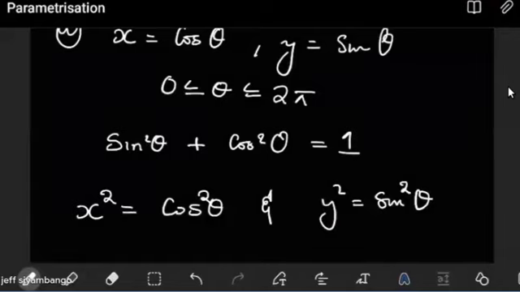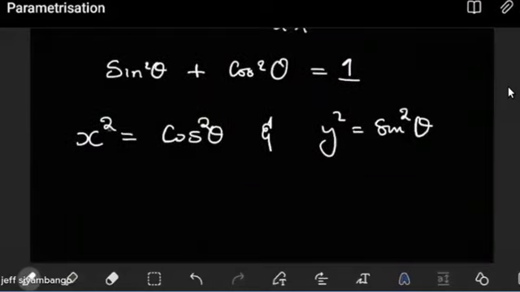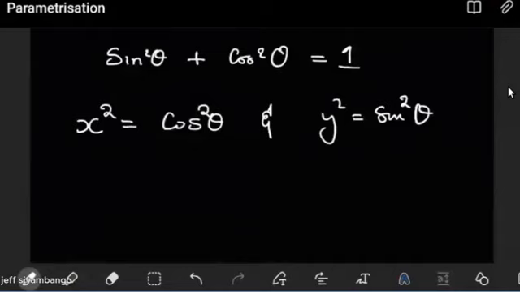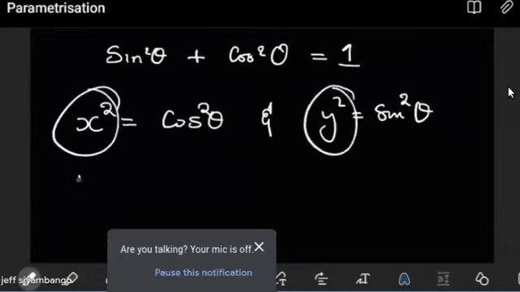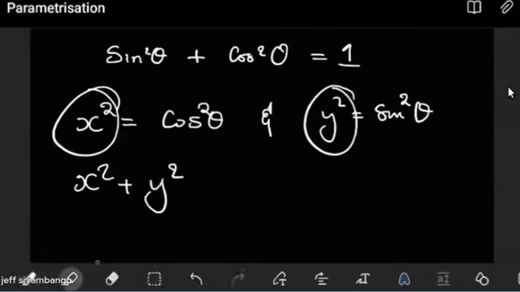After doing that, now we can add the two equations. If I add the left-hand sides, I have x squared plus y squared. Now I will add the right-hand sides.